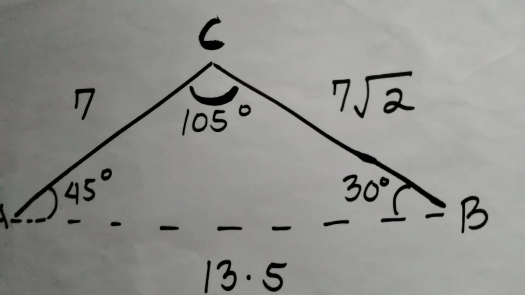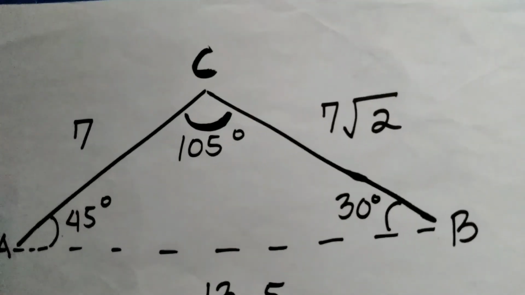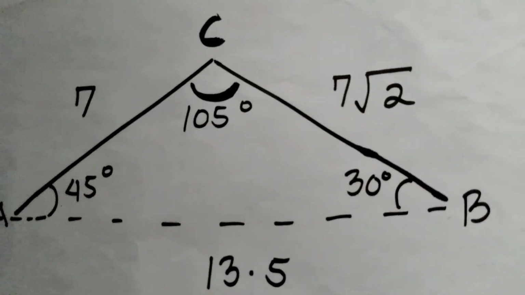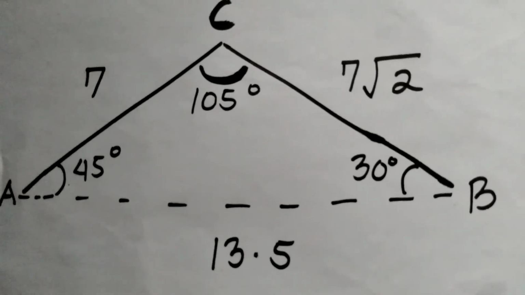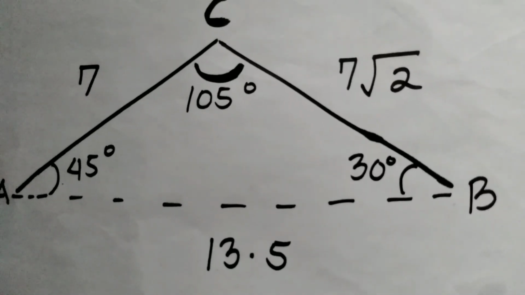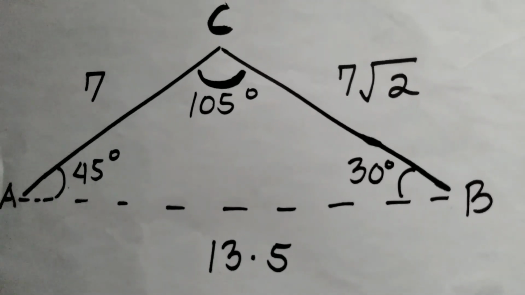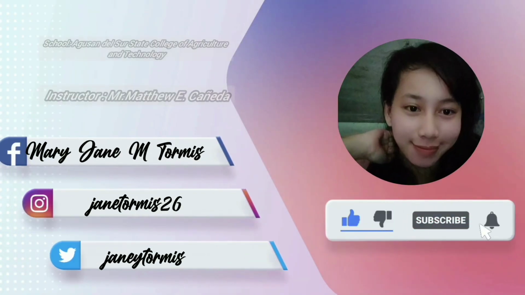In a triangle, always remember that the angles total 180 degrees. So the unknown value of side c is already solved, which is approximately 13.5.